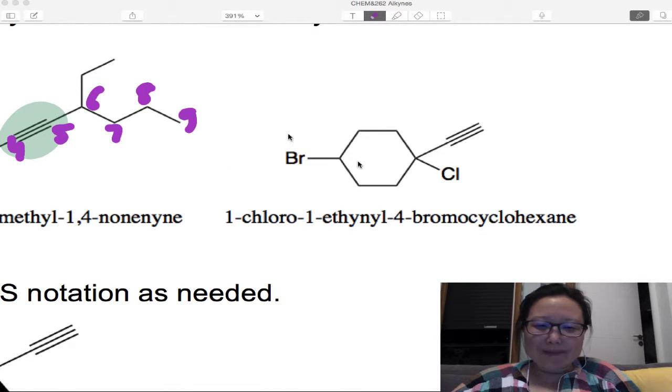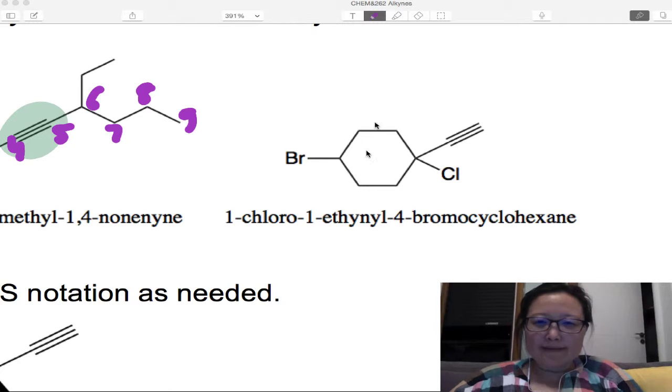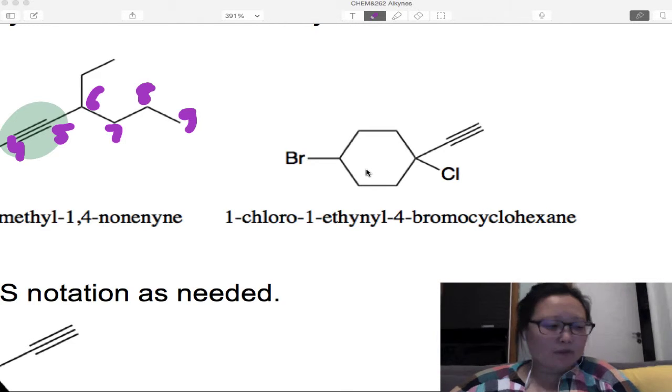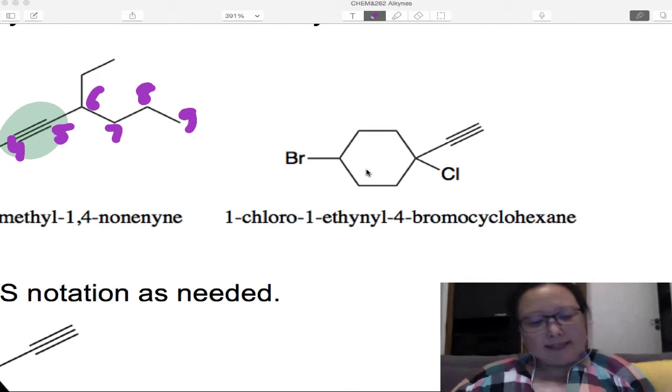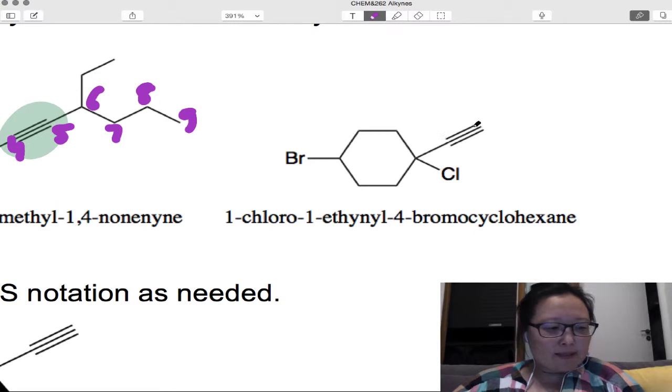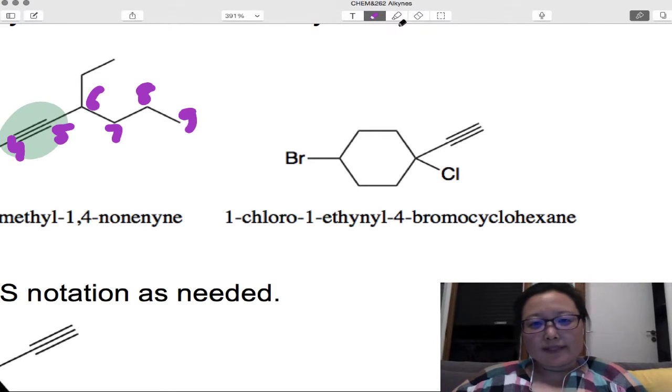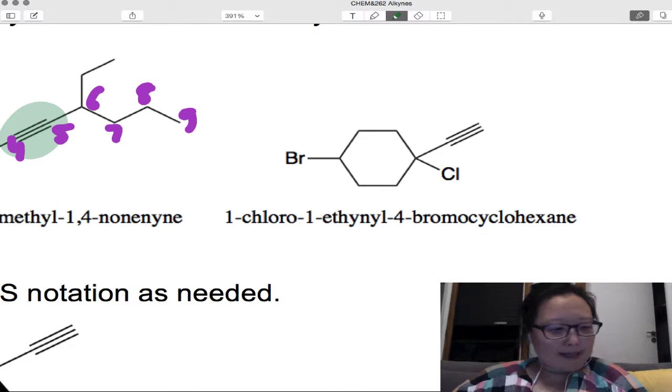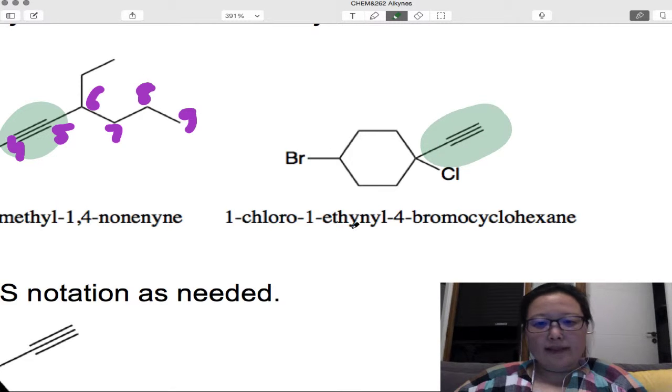And then last example, we have the parent in a ring. So this is a cyclohexane, but we have a triple bond that's outside of that parent chain, so we want to name this as a substituent or a group off of the parent chain. So in that situation, we're going to use ethynyl, so an ynyl ending, and that's going to help us stick that in as a group off of the parent chain.